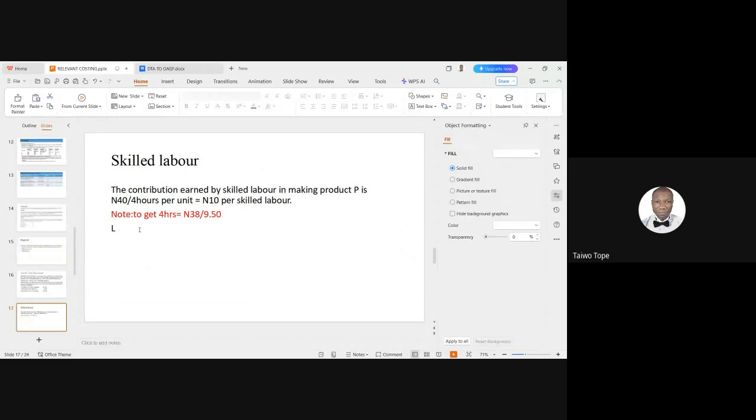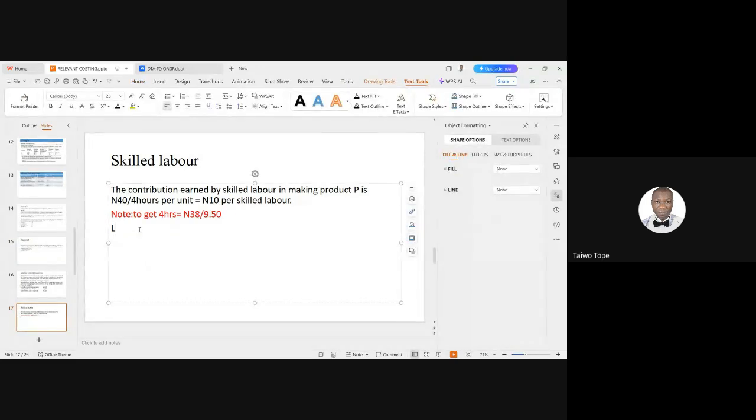Okay. So you bring them in now, the relevant cost will be the labor cost. How much are we paying them on a normal day? We are paying them 9 naira 50 kobo, giving 7,600.